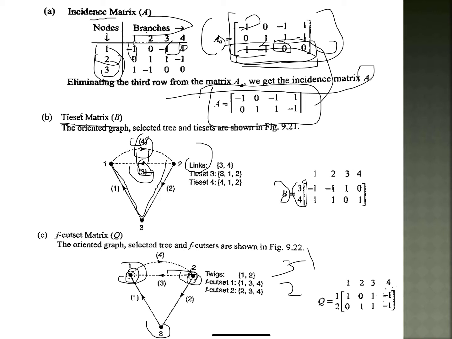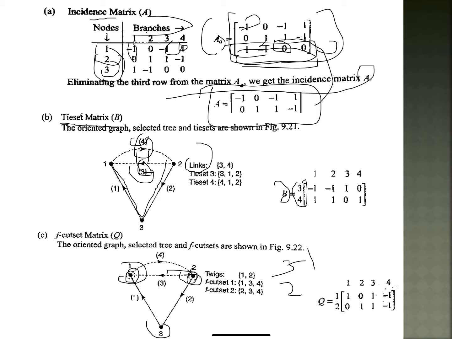Eliminating the third row of the matrix Aa, we get the reduced incidence matrix A. Means the complete incidence matrix Aa, by eliminating the third row, becomes the normal incidence matrix A.